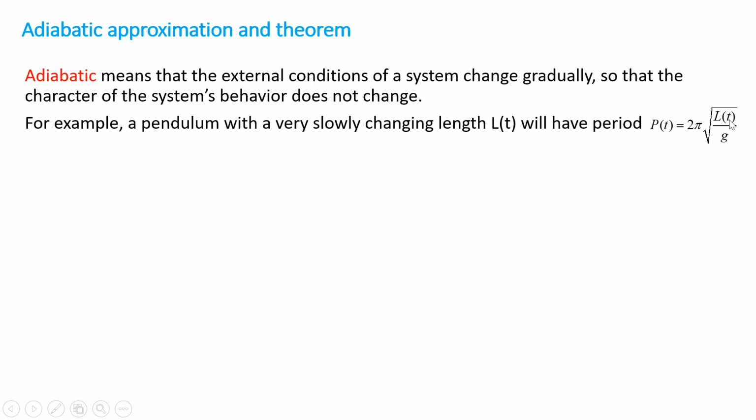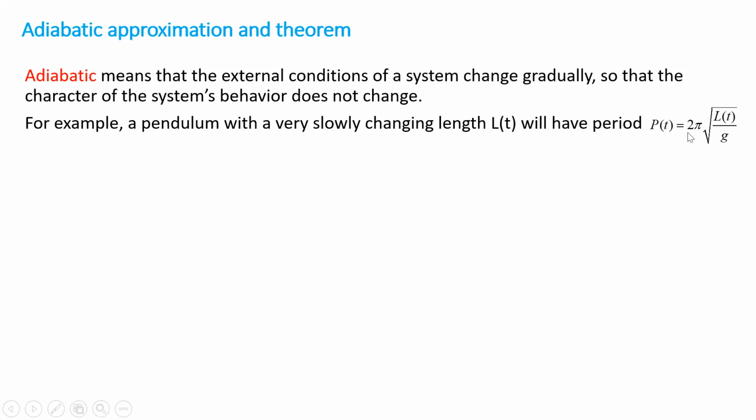Since L of t varies slowly, we can say P at time t, the period at time t, will be 2 pi square root of L at time t over g. So that's what is meant by saying the character of the system's behavior doesn't change, because it's still changing in time, but this form of the expression for the period in terms of L is not changing.